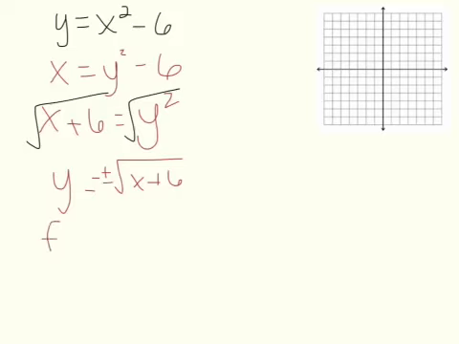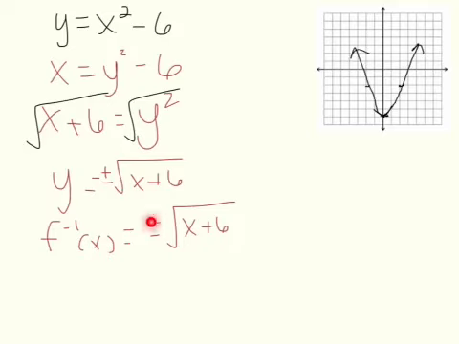And this is where your plus or minus, what we did before, has to come into play. So when you have to draw a square root, you can't forget the plus or minus in front of it. Okay, so this is how a parabola, 1, 2, 3, right here. Let me see if I can draw this here. This is how a parabola has an inverse of a radical, because it's the positive square root of x plus 6.